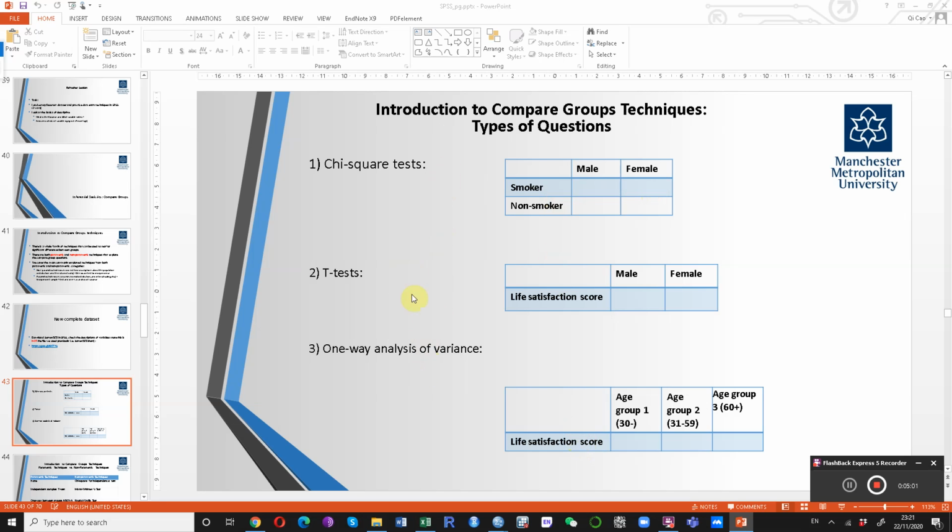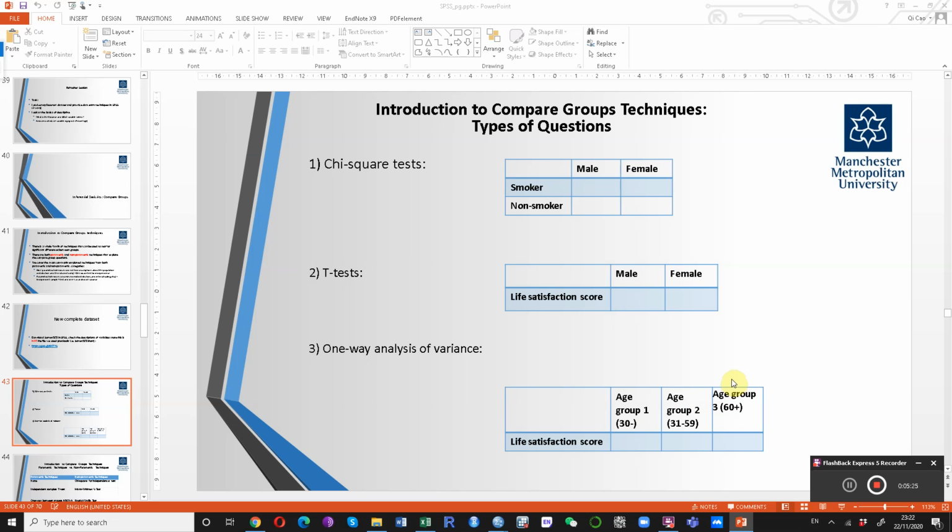Well, the first thing, let's talk about similarities before the difference. Similarities are, you can see that independent variables are categorical. So the first independent variable is gender, the second one is gender as well, the third one is age group. So all the independent variables are categorical variables.